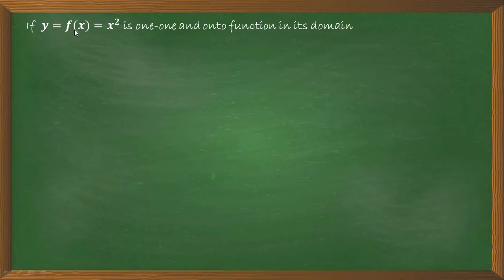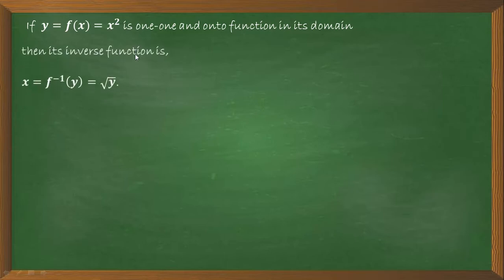It is 1-1 and onto in its domain, because the domain is important. Whenever you want to define any function, the domain is important, and on that domain, if this function x square is 1-1 and onto, then you will get the inverse function.